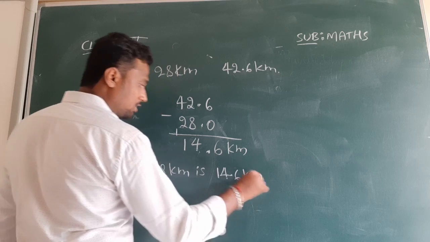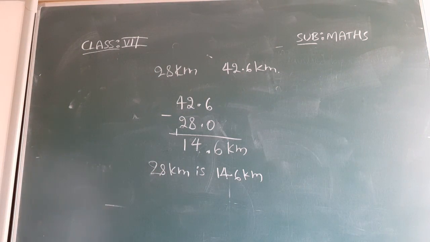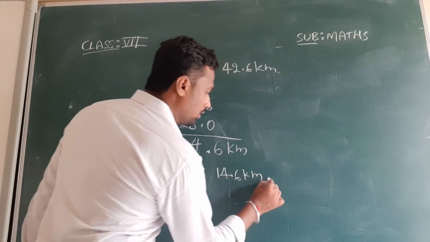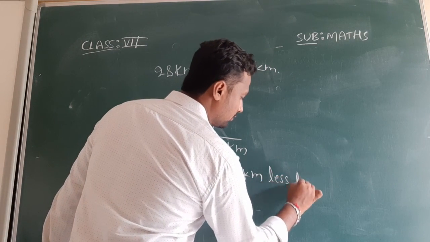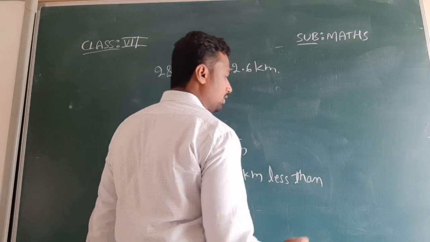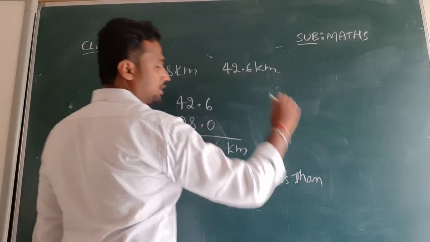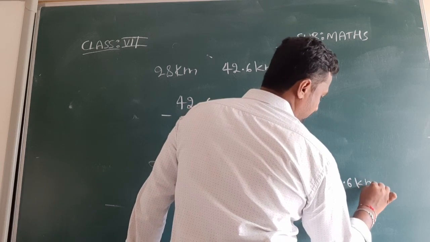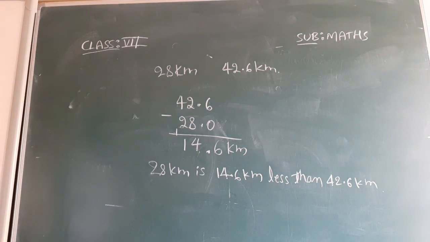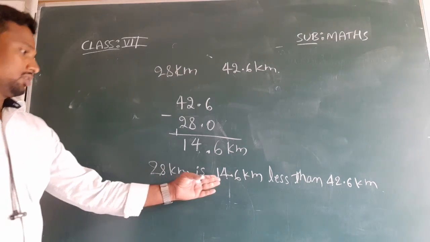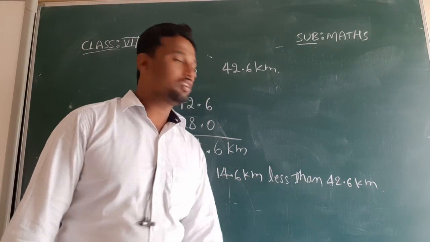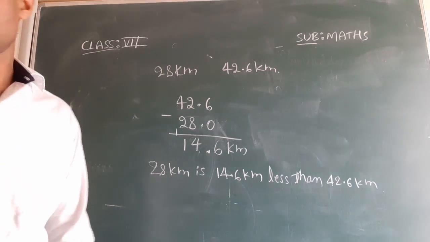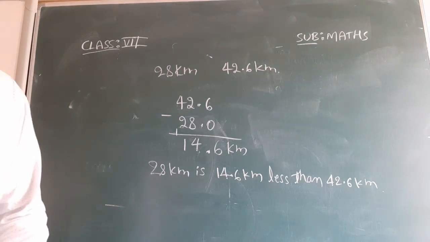We got answer as 14.6 kilometer. 28 kilometer is 14.6 kilometer less than 42.6 kilometer. So this 28 kilometer is 14.6 kilometer less than 42.6 kilometer. Okay. With this, your exercise 2.5 is completed.